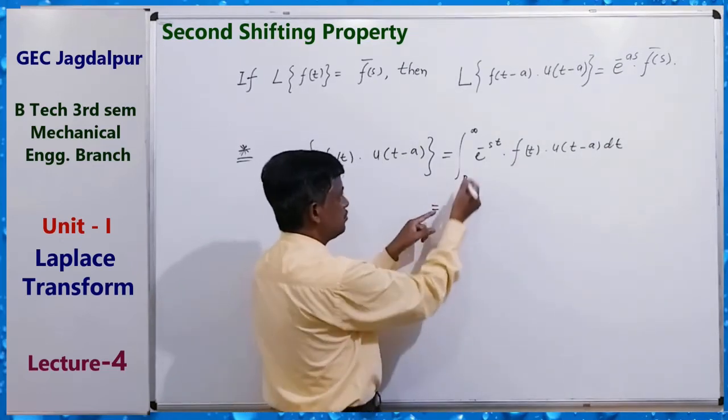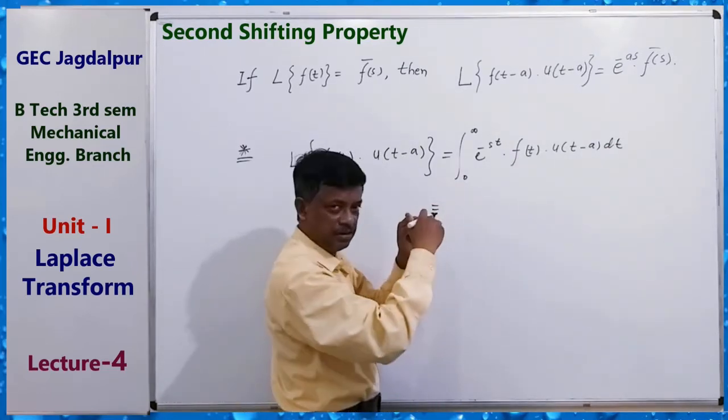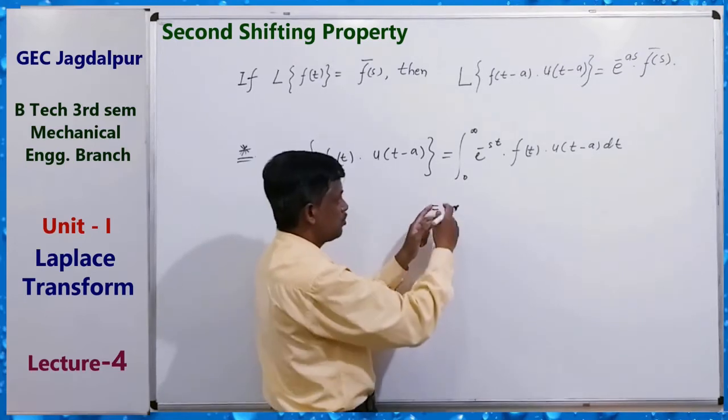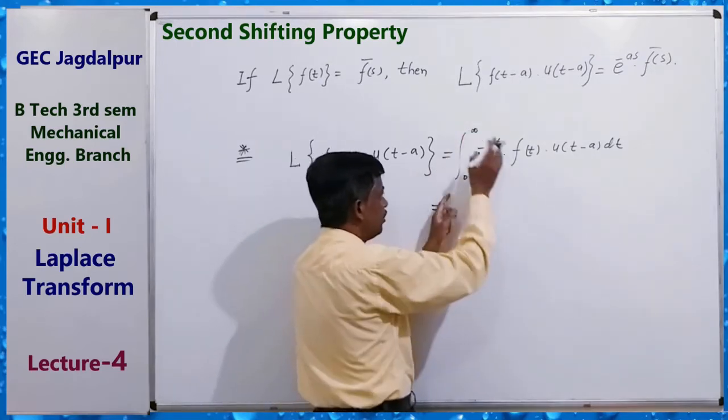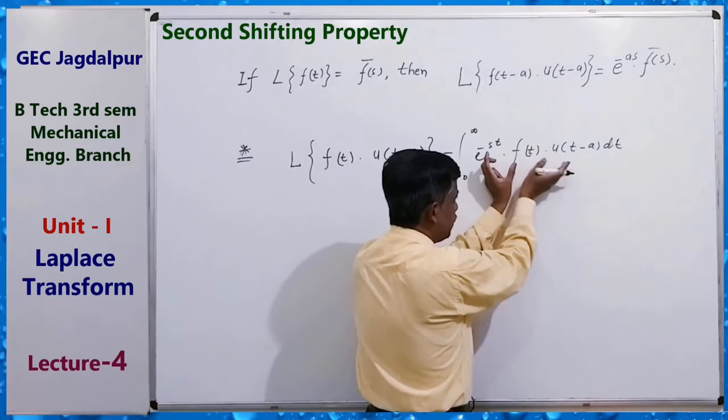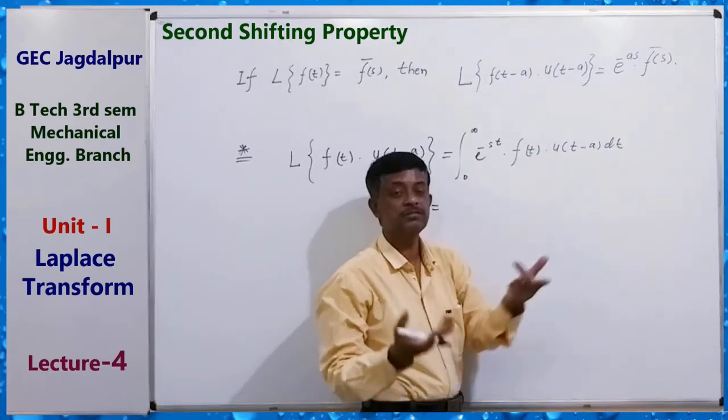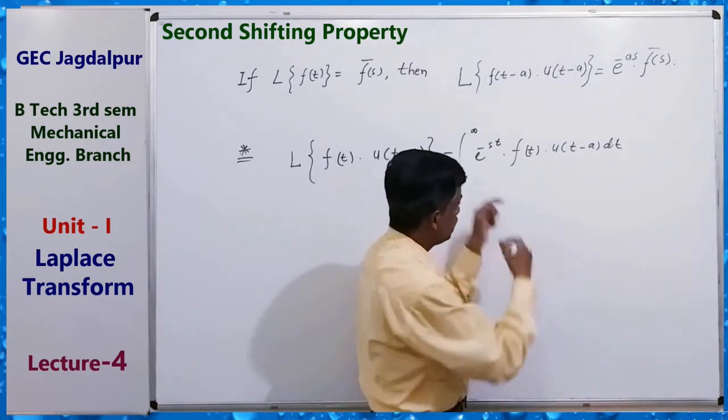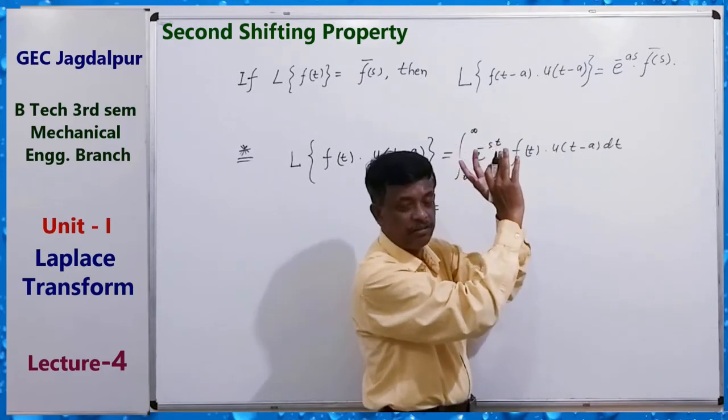So this is equal to, we can divide it in two parts. The first part will be 0 to a of this, where u(t minus a) equals 0, so that part will vanish.